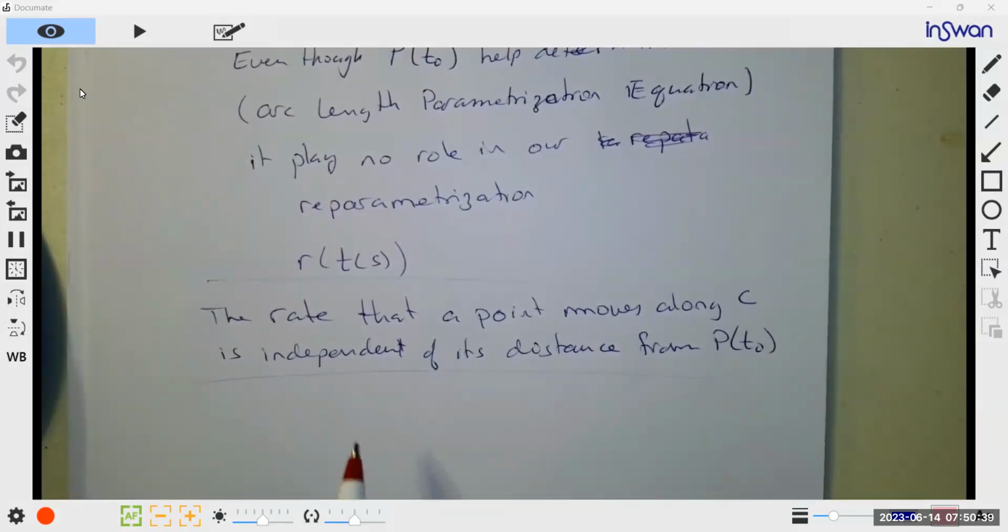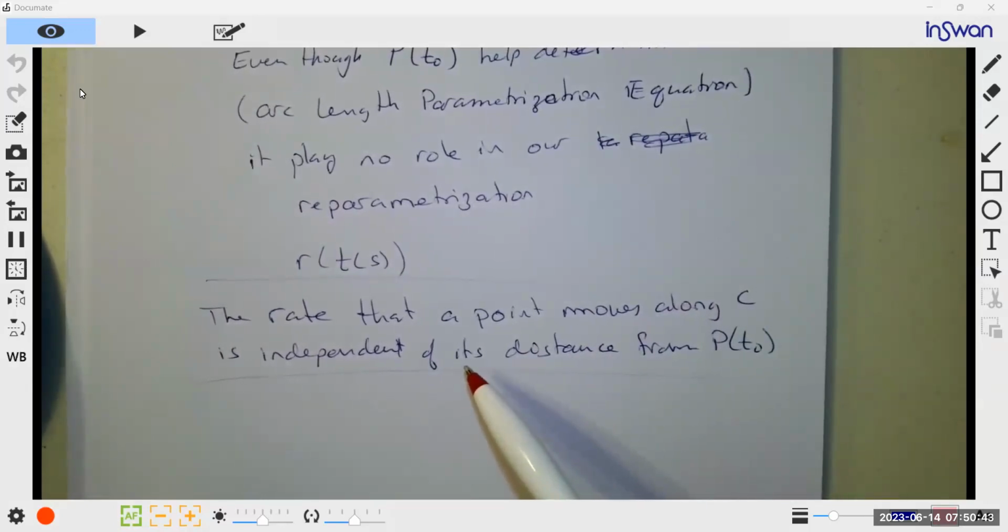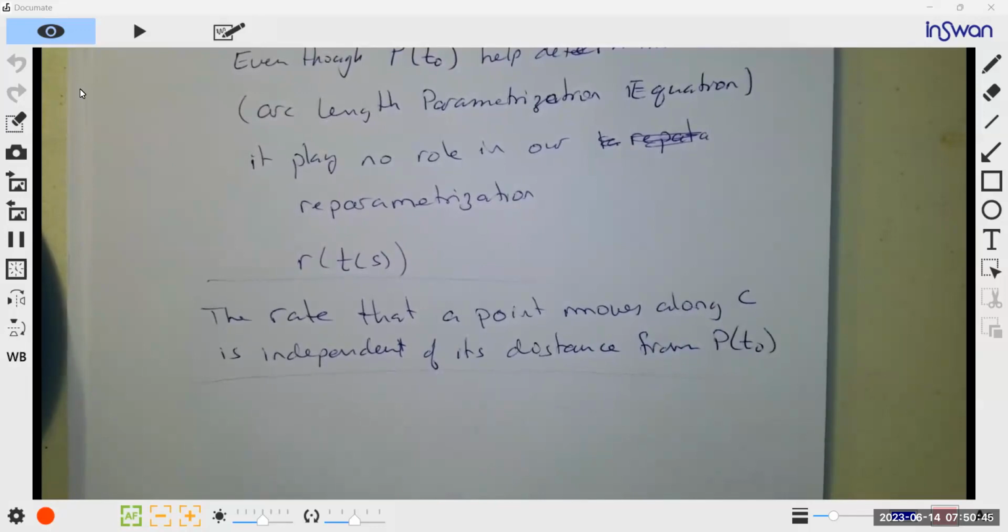Why is that? Because all it does is find us the distance at a certain point, and there is no determination of the rate. It's just a location, it's a scalar type positioning.